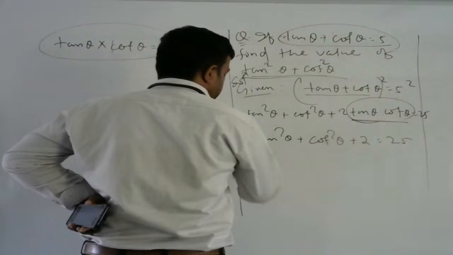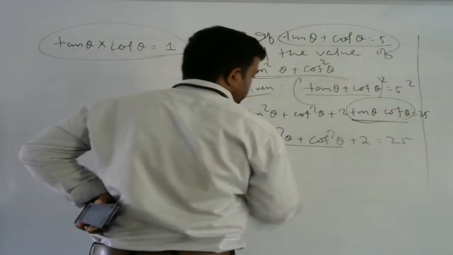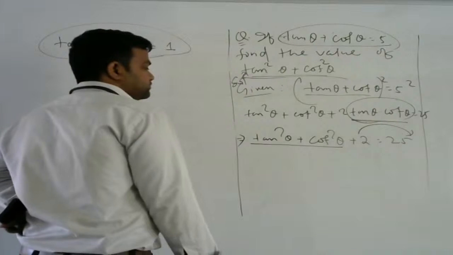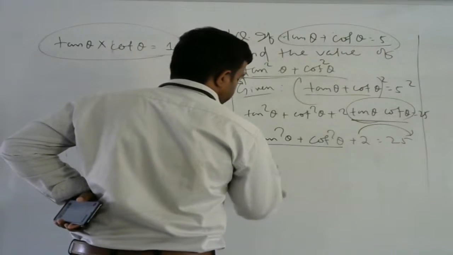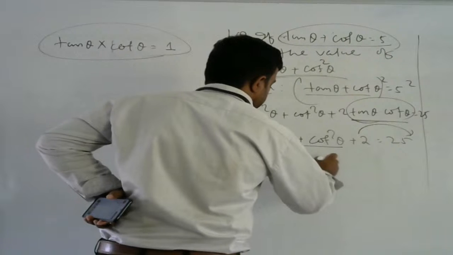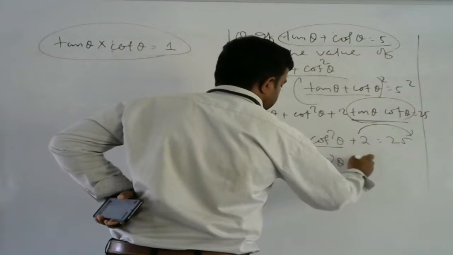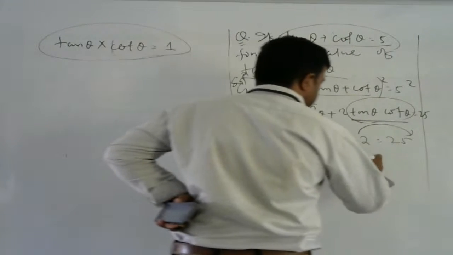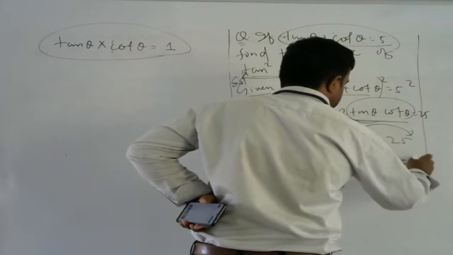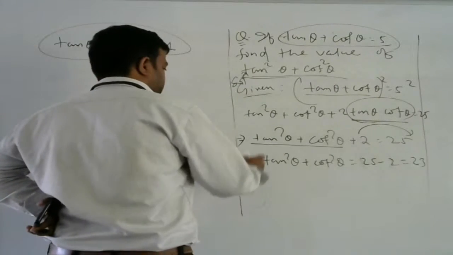So easily we can do it: take this number 2 to the right side. Then you can easily find out tan square theta plus cot square theta equals 25 minus 2, so 23.